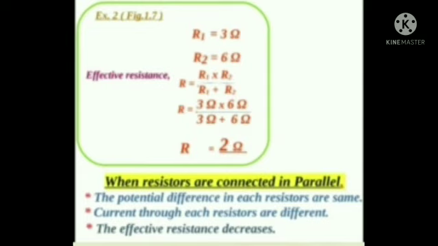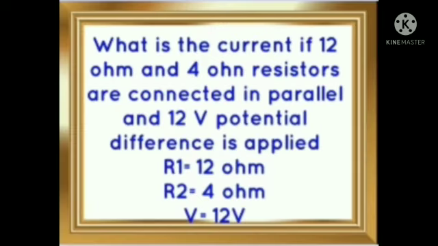What is the current if 12 ohm and 4 ohm resistors are connected in parallel and 12 volt potential difference is applied? In this problem, we can identify that two resistors are given. So R1 is equal to 12 ohm, R2 is equal to 4 ohm. Also potential difference V is given, that is 12 volt. Substituting in the equation, effective resistance R in the case of parallel connection is R1 into R2 divided by R1 plus R2.